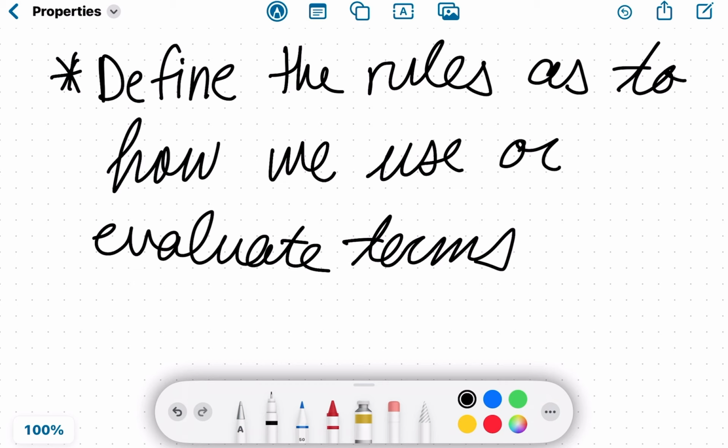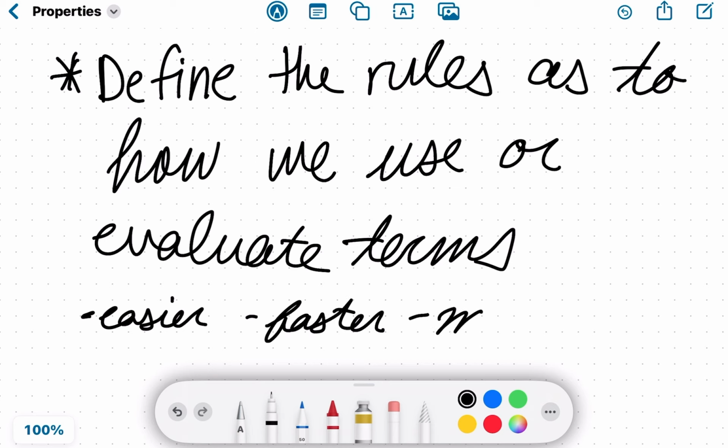Okay, and it helps us do it easier, faster, and more accurately.